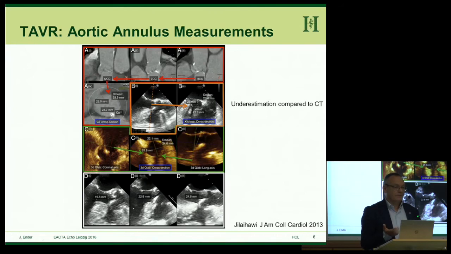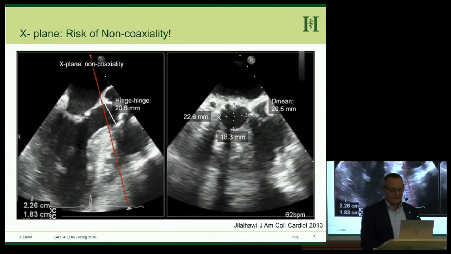Calcification is not a problem with CT, whereas calcification is a problem in echo, as you know, because the ultrasound beams don't penetrate the calcification. But with 3D, you get for the first time the possibility to really do planimetry and measure the dimensions of the left ventricular outflow tract just below the aortic annulus. And that is how the sizing is done.